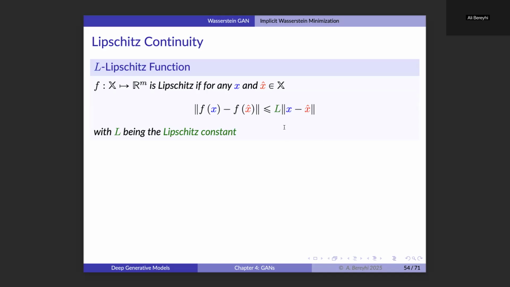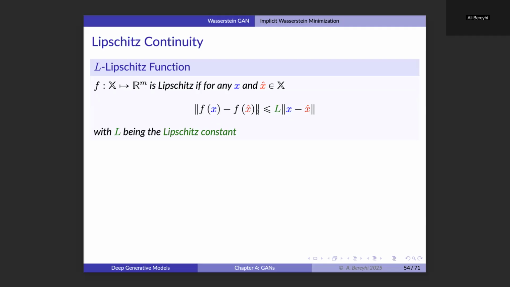Now, you might ask, what do you mean by this? But it's not hard to see that this L is somehow capturing a kind of bound on the gradient of the function f. Just think about the case where f is a scalar function. x is a scalar, f is a scalar. Now, if x and x hat are very close points, the difference between the outputs is eventually the derivative times the difference between x and x hat.